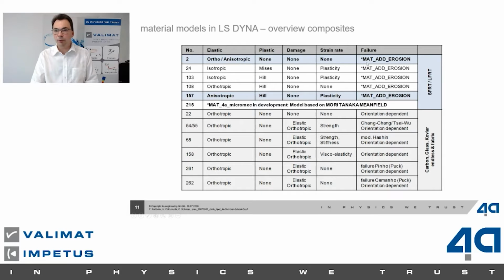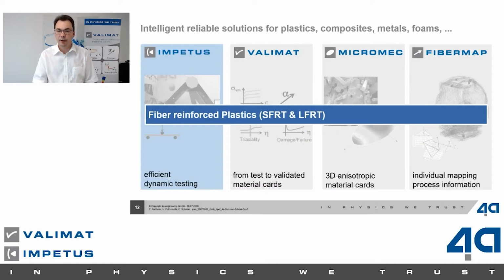And this is also a composite definition here, so you have to say what is the Young's modulus in one direction and another direction, as I showed with the library in Valimat. And a totally new thing is this MAT MicroMec, because this is a micromechanically motivated model. So you can directly define the properties of the fiber and of the matrix and calculate the composite in LS-DYNA directly.